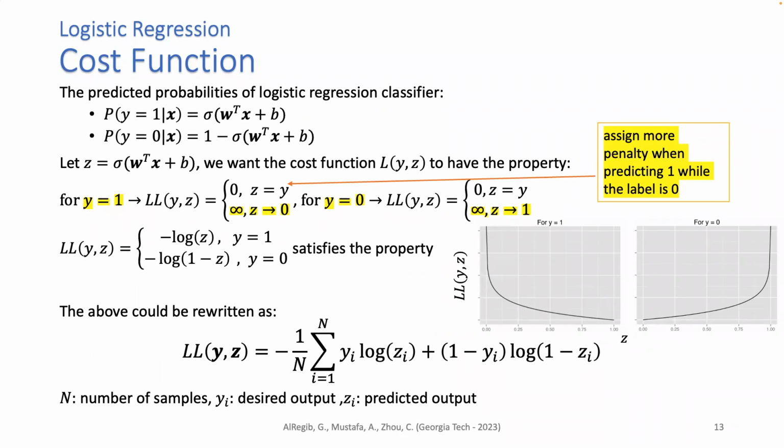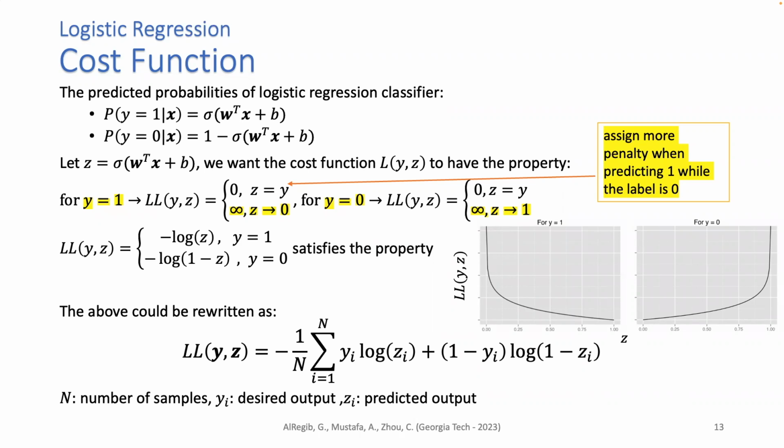Now we are trying to say, okay, I want to find what should be the characteristics of that cost function, right? So when y equals 1, I want my cost function, which I don't know yet, to give me an output of 0 if the prediction is equal to the ground truth. That's my constraint on the cost function.